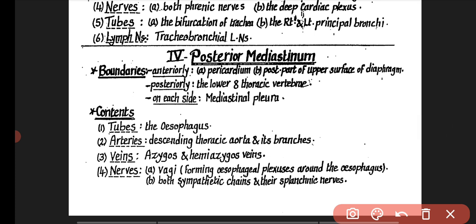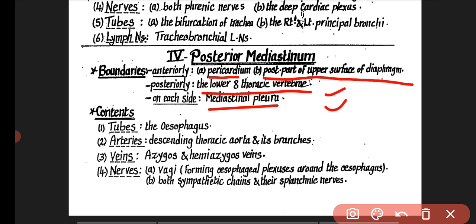Posteriorly are the lower eight thoracic vertebrae. Anteriorly, not only the pericardium, there is also the posterior part of the upper surface of the diaphragm. On each side is the mediastinal pleura. Here superiorly and inferiorly are not given.